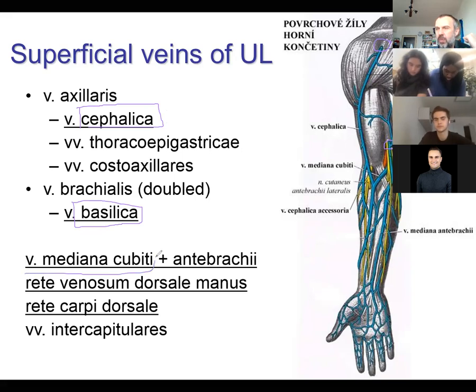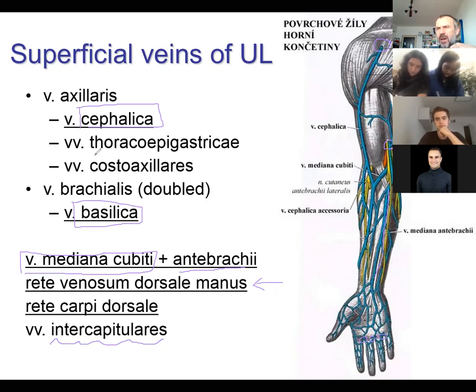We have the median cubital vein which interconnects these two, and the antebrachial vein which runs in the midline of the forearm. All these originate dorsally. Such a nice network of veins is not present in the palm, but dorsally. So they originate in a dorsal venous network. And the palmar veins and dorsal veins are interconnected by intercapitular veins between the heads of the metacarpal bones here.